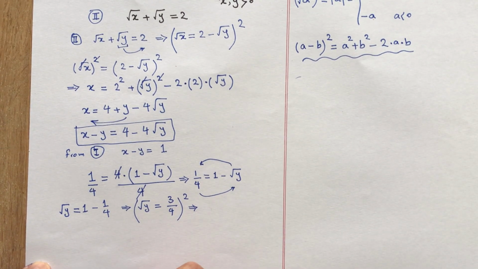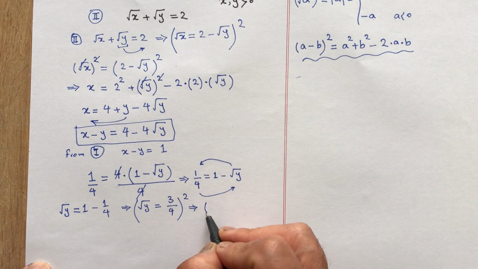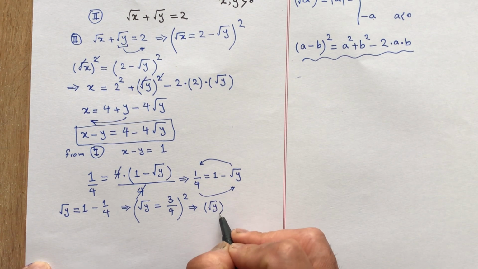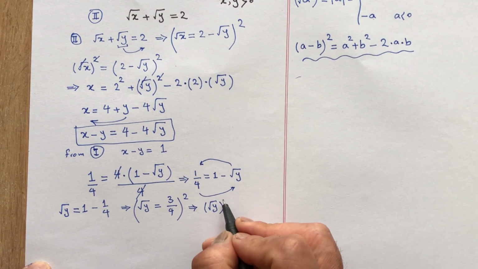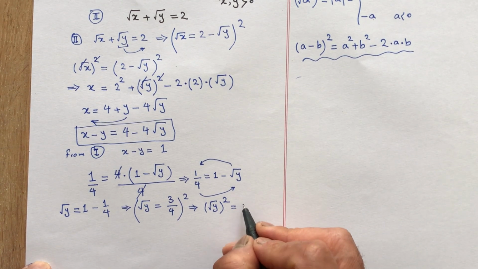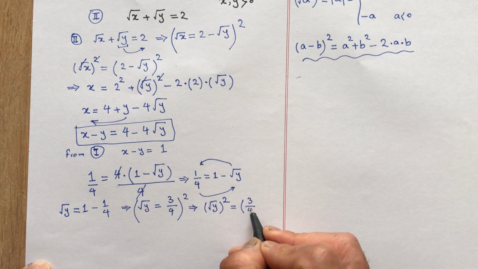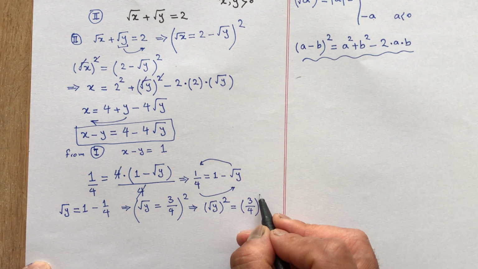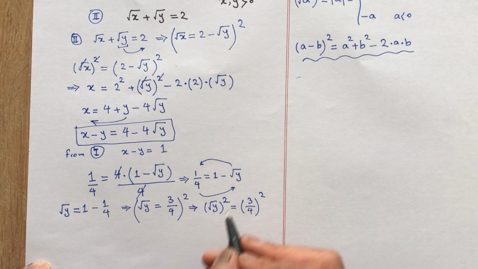Now the square root of y gets raised to the power of 2, and 3 over 4 gets raised to the power of 2.